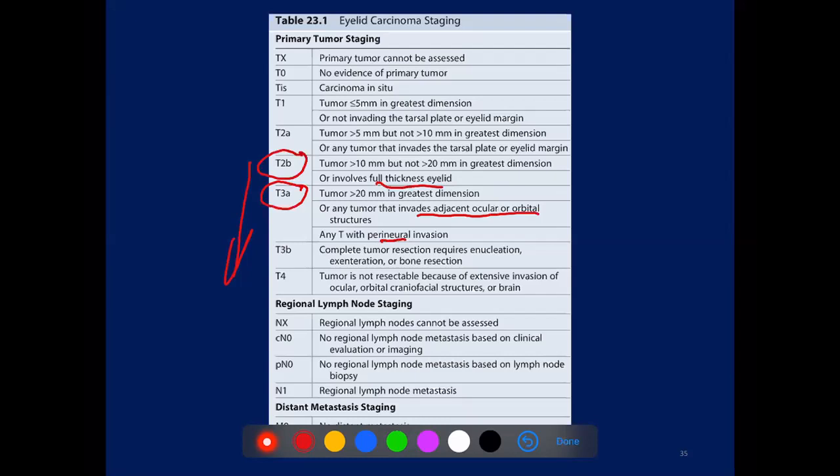Just to summarize, and again, this is more of a fellow discussion: if you have this or worse, you should consider exenteration. But in my practice, I would discuss it thoroughly with the patient and involve an oncologist. Being in a very nice multidisciplinary hospital like National Guard, I have the luxury to discuss with the oncologist. They help me a lot in these cases. Okay, any other question? Thank you.